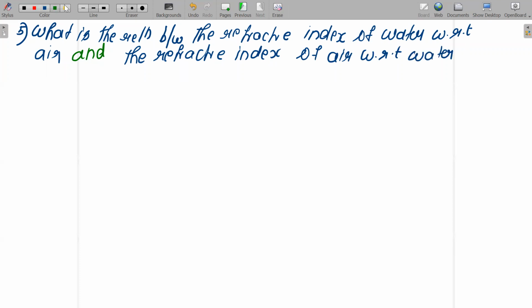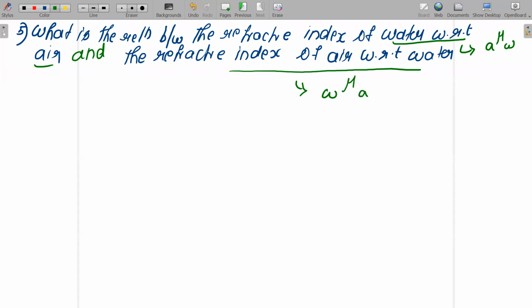So children, before solving this, refractive index of water with respect to air, how will you denote that? With respect to air means air should come at the left. So air mu water. Similarly, air with respect to water, so W should come at the left. W mu A. So this one you should find.